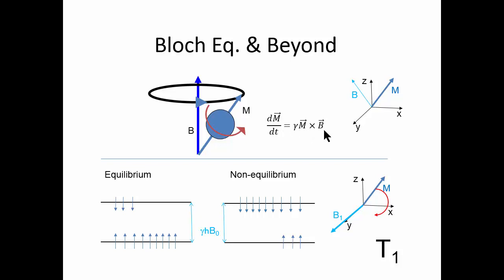It is a very simple equation that describes the rotation of this magnetization vector around the magnetic field. In the context of a steady state, or equilibrium, in which you put patients into the magnet, all the spins are precessing, that's what happens.